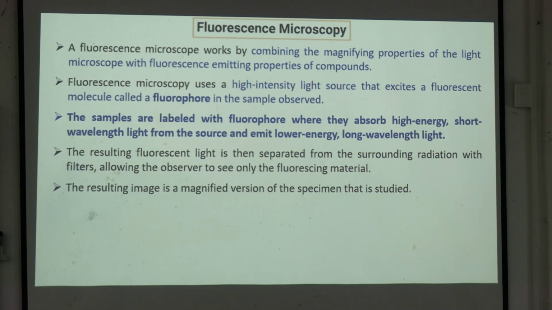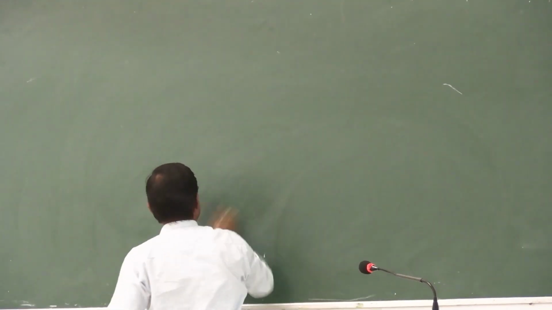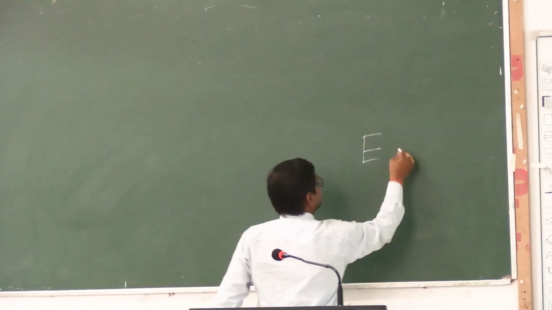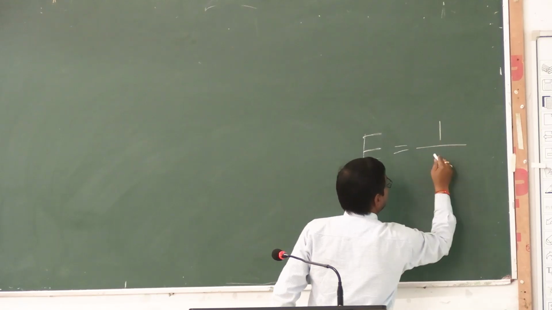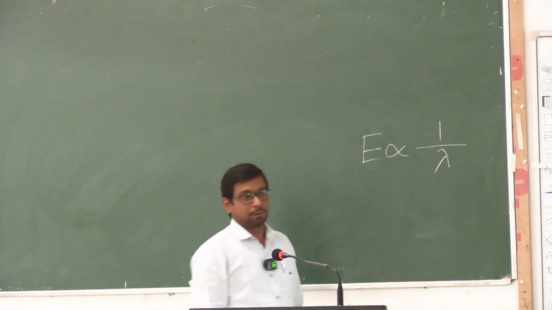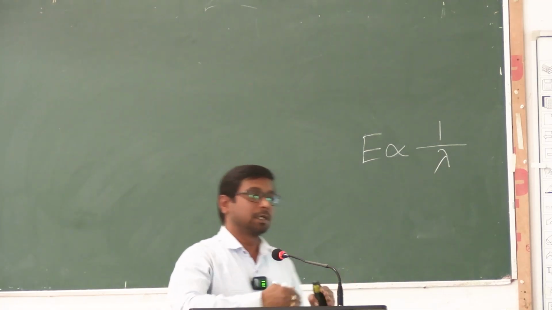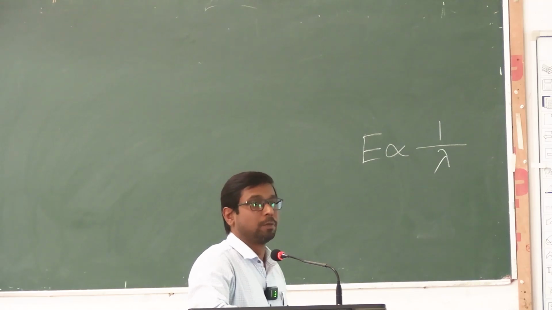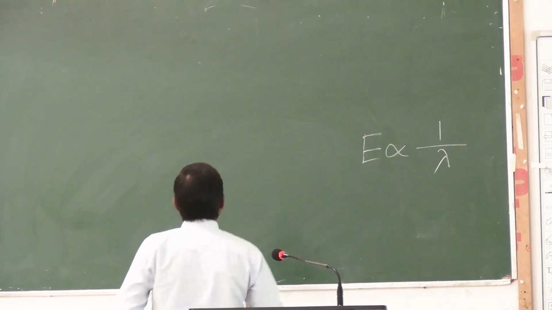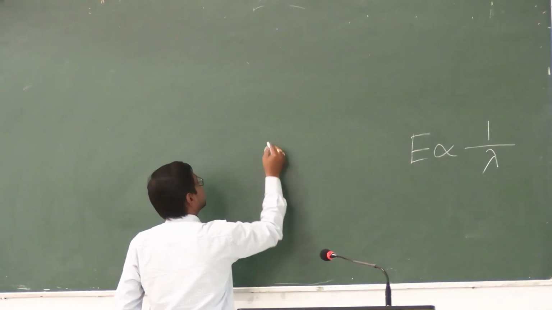Energy and wavelength have a relation: energy E is inversely proportional to wavelength, one by lambda. If energy is high, wavelength will be short. If energy is less, wavelength will be large. And the fluorescence microscope will work like this.